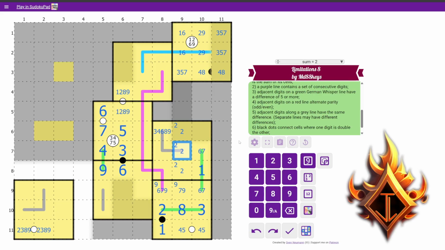It cannot be 4, 5. It could be 5, 7. I'm gonna take that out too. 5, 7. If it was 3, it could be 6, 9.